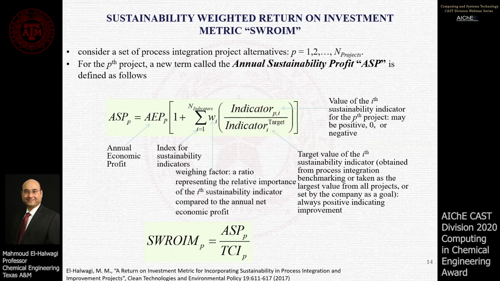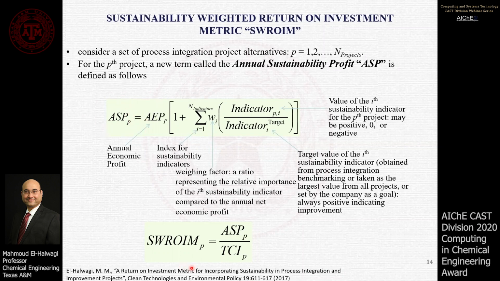This is the true potential for this particular plant, this particular process. This ratio may be negative if it worsens the performance, or it may be positive, but still a fraction. And so the product of the two can add or subtract from the annual economic profit, and it will give us an annual sustainability profit.